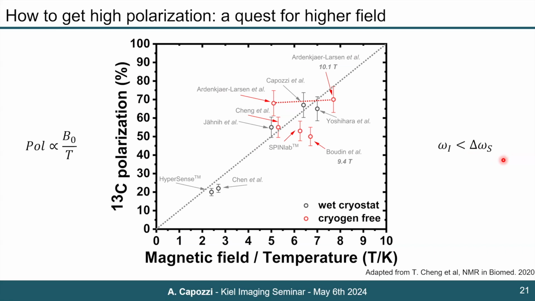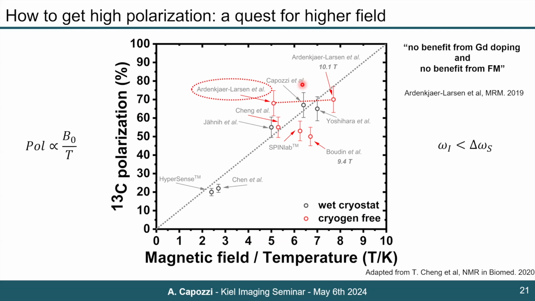Basically, the frequency of the nuclei we are hyperpolarizing has to fall inside the spectrum of the radical we are using, in this case trityl. So when you go too high in field, this condition is broken, your polarization transfer is not efficient anymore, and this trend saturates. So 6.7 Tesla, 6.77 Tesla, seems to be the sweet spot. Something very interesting happens for pyruvic acid and trityl at 6.7 Tesla.